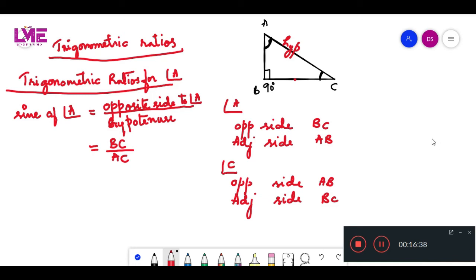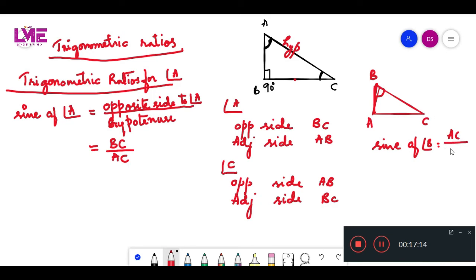Suppose I take one more right angle triangle where this is B, this is A and this is C, and I need the sine of angle B. Then sine of angle B is nothing but side opposite to angle B, which is AC, divided by hypotenuse.